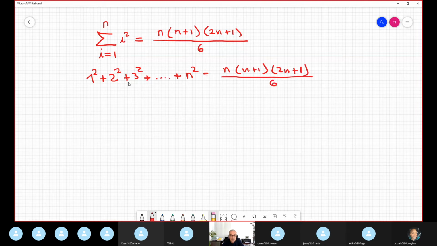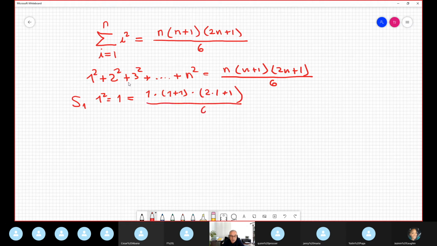I need to prove that using mathematical induction. So I try to prove the first statement, x1. On the left we get 1 squared, which is 1. On the right-hand side we have 1 times (1 plus 1) times (2 times 1 plus 1) divided by 6.